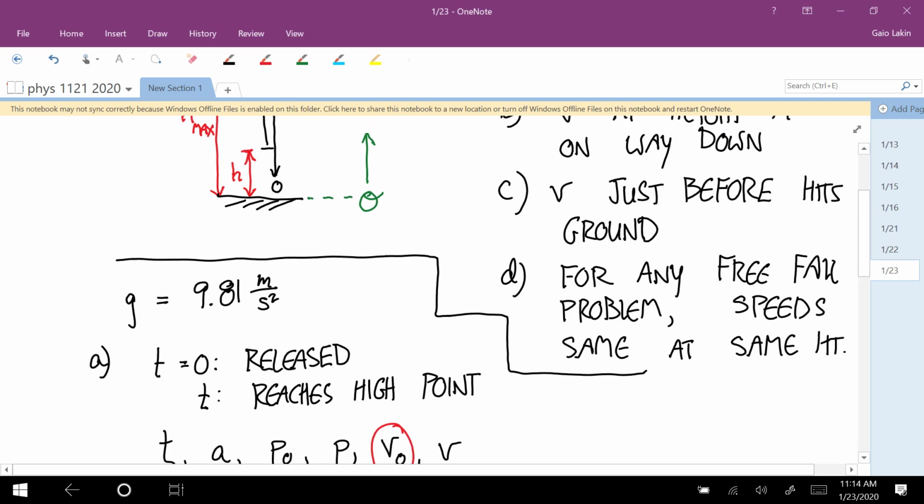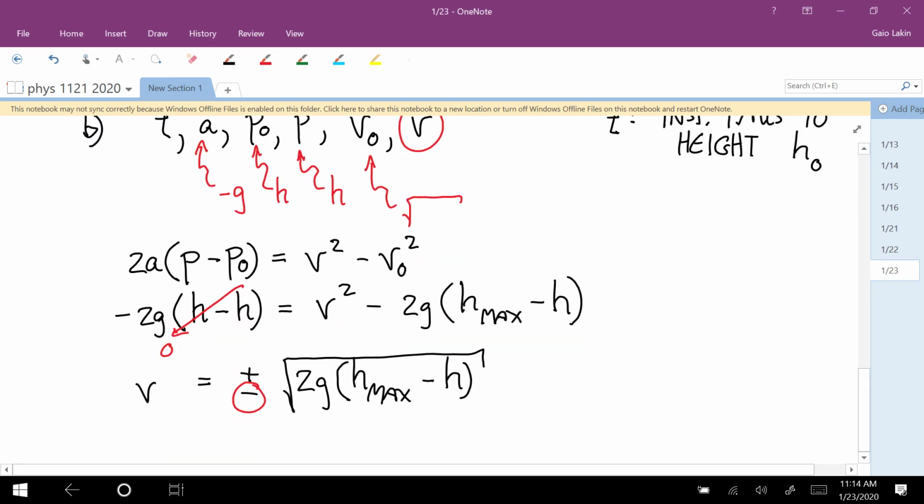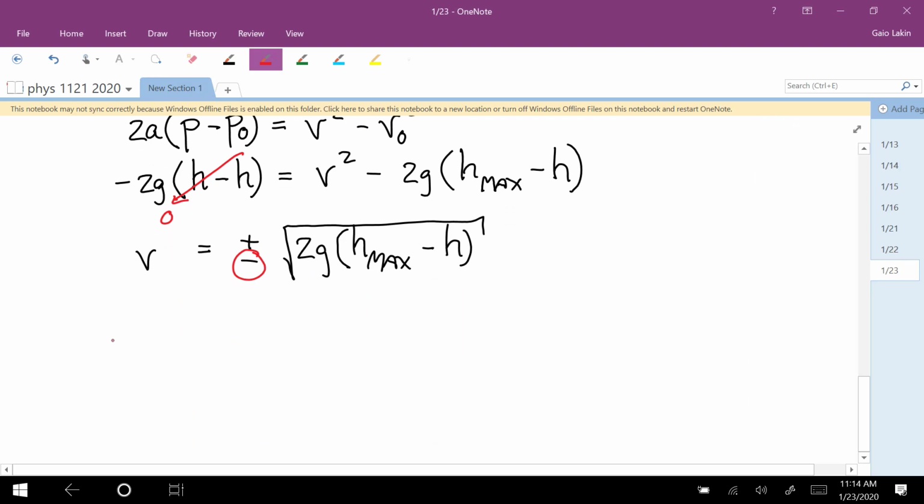Okay, and now calculate v just before it hits the ground. Well, there's two ways you can do this. You can call your t0 the instant that it reaches the highest point, and your t the instant right before it hits the ground. Or you can keep your t equals 0 the same as it has been. Either way, the t has to be right before it hits the ground.